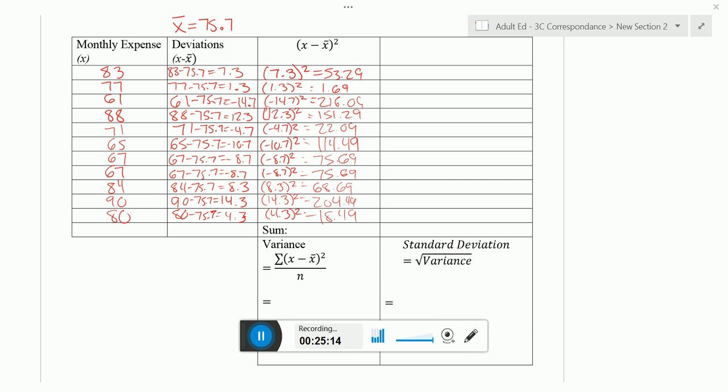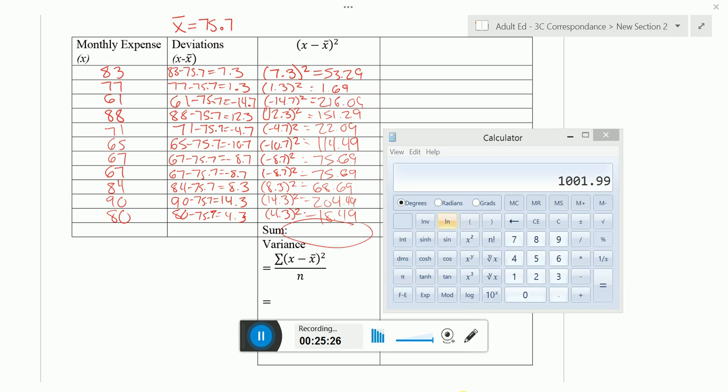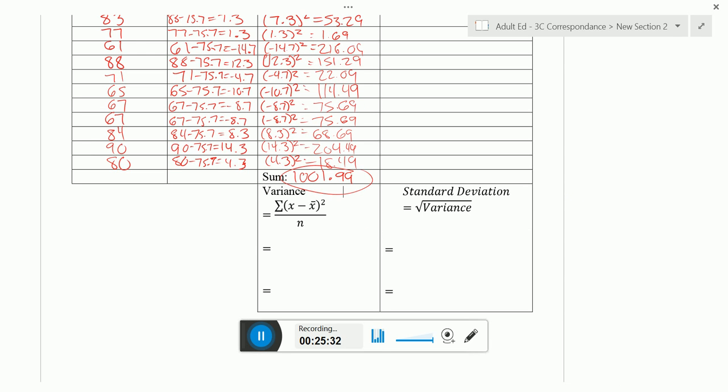And again, if we continue that, so I've taken each of those deviations, I've squared them. What we need now is the sum, which is adding up all of those differences squared, and doing that we get 1001.99. Now to find the variance, we take that sum, we divide by how many numbers we have, which for us is 11.